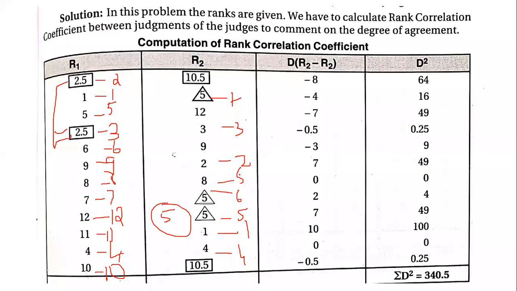Then 8 is there, 9 is there, 10 and 11 are not there. 9 is there, right? We have 12 ranks totally. So we don't have 10 as well as 11. So I can consider one as 10 and one as 11. And then we have 12.